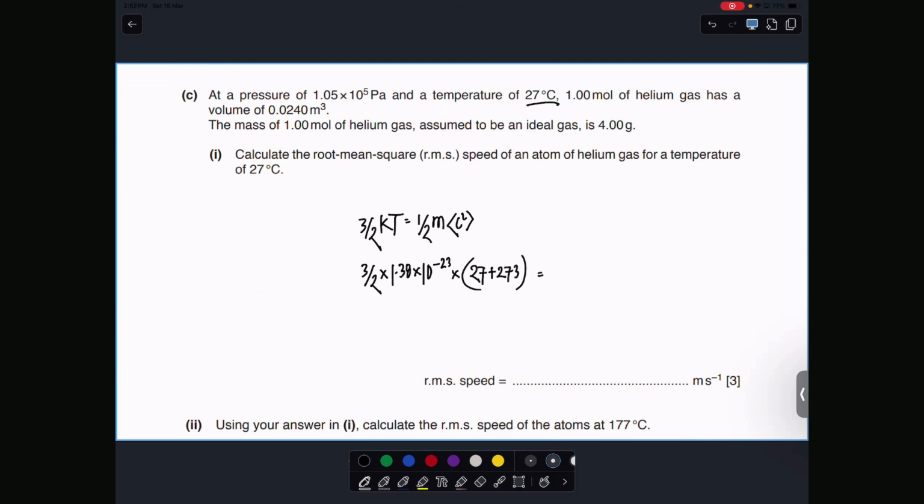equals to half mass হচ্ছে, it is 1 mole of helium gas is assumed to be an ideal gas, is that much. So what's the mass of one atom? For how do you find the mass of one atom? না যে এখানে যে m টা এটা কিসের m?